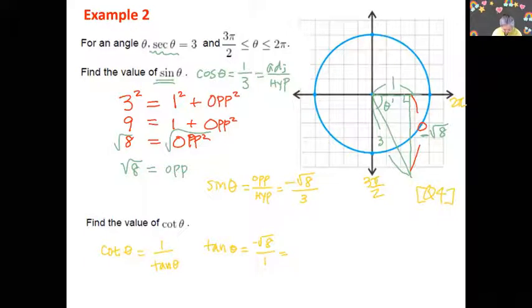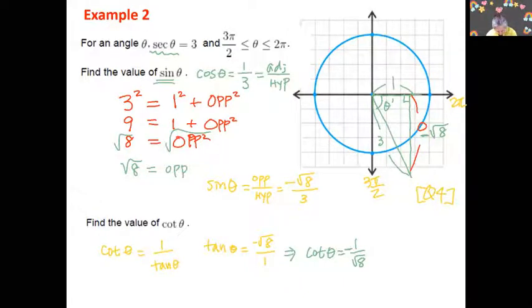But it's cotangent, right? So this means cotangent of the angle is 1 over radical 8, but it's negative. This is the right answer, but somehow you would not see this answer choice among that group of answer choices.